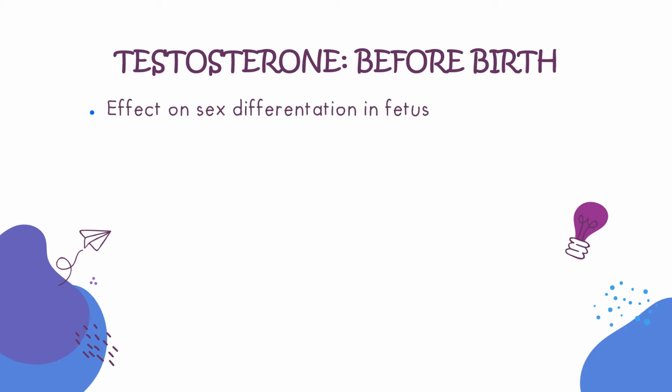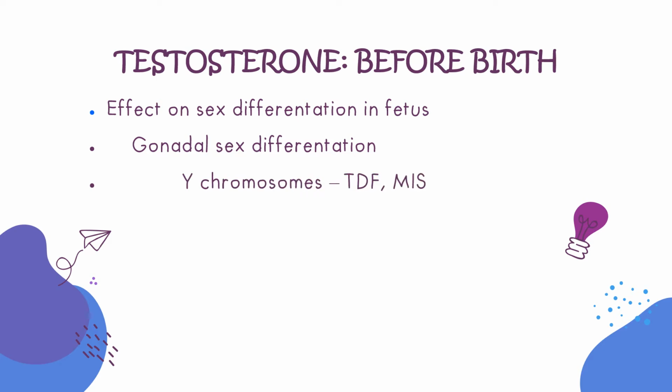So it has an effect on sexual determination in the fetus, that is the gonadal sex differentiation, and it plays an important role, acting with the testis determining factor on the Y chromosome, and the Mullerian inhibitory substance.